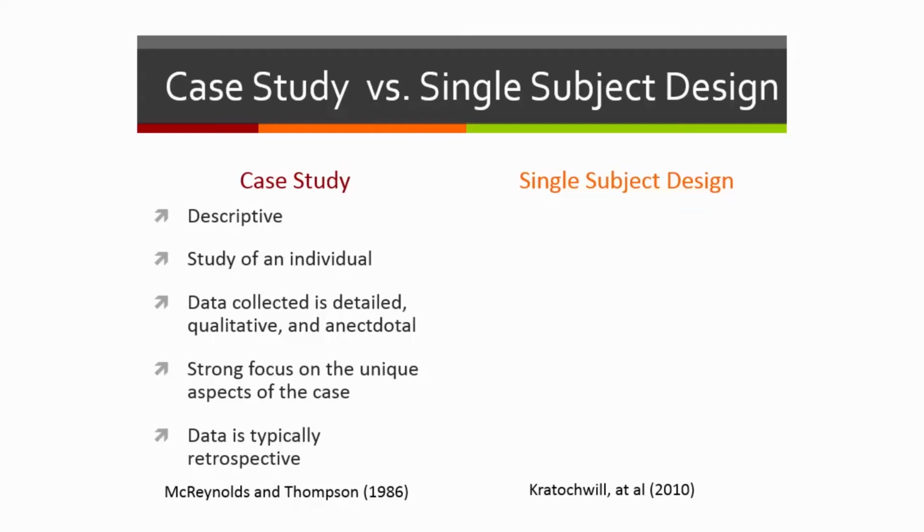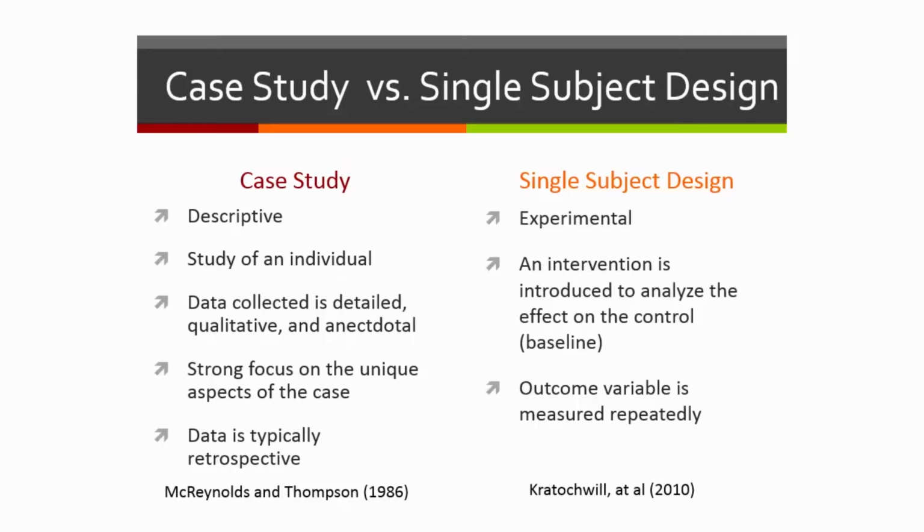Data is typically retrospective, so pretty much your case studies are always done after the fact. So we are looking at a case that was done, and this is how it was handled, and this is the end. And when we do that, there's no experiment to it. It's pretty much this happened, this is the result, and this is what we feel about that result. Now, in single subject design, there is a true experiment. It is experimental.